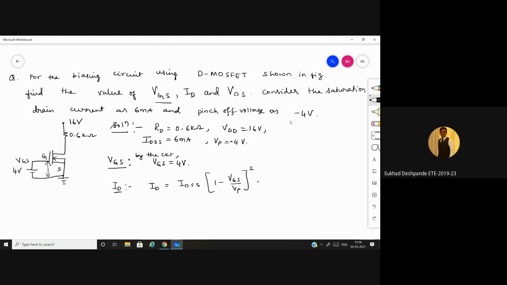So is it 6 milliamp? Yeah, it will be 6 milliamp only, because VP, here there is one thing which I missed out. What is that? VP will be 4, sir. VP, we will take the magnitude of VP, right? Yes, sir. We'll just take the magnitude. So that's why even though it is -4, it will be 4. So it will be 6 milliamps.